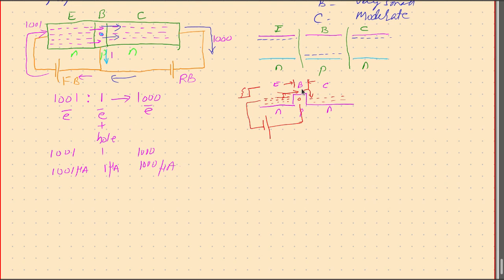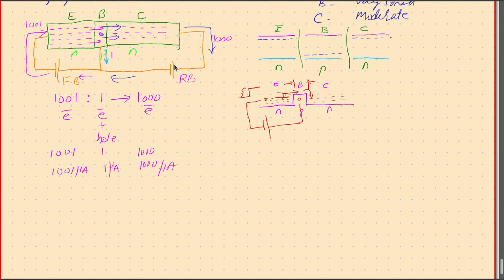Therefore, this electron has higher energy compared to these electrons, so they just get in. It's like water falling from a high elevation to a lower elevation.